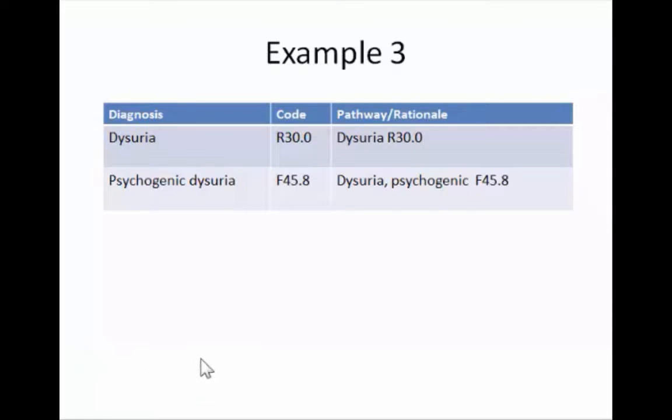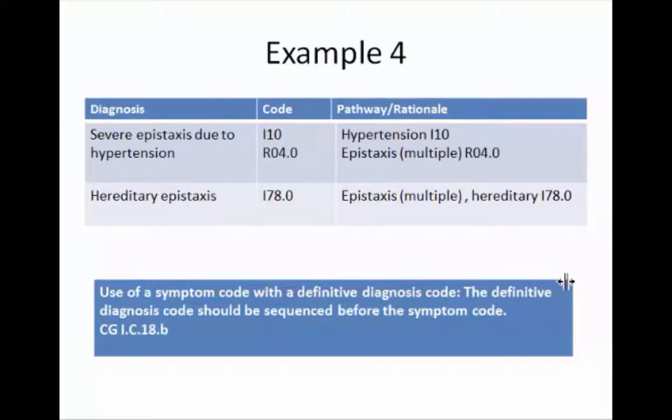So always be sure you're reading your diagnostic statement carefully. Next is epistaxis, where the epistaxis is a symptom, in this case of someone with hypertension. It's coded separately because it's not an integral component. Not everybody that has hypertension has nosebleeds. So we do code it as a symptom along with the hypertension. But if we were looking for the description of a hereditary epistaxis, then we would have a totally different code, I78.0.